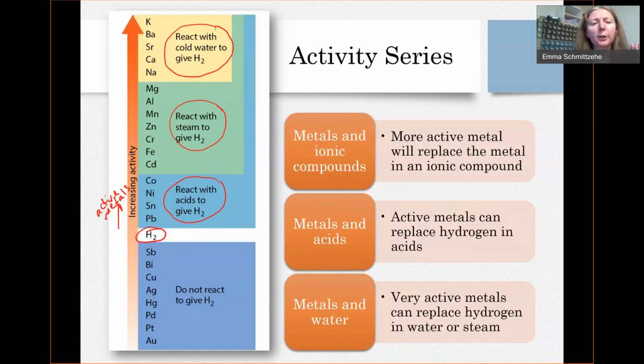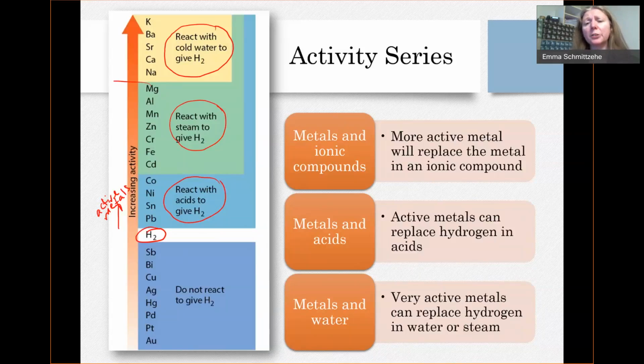Whereas the stuff at the very top of the list, above the magnesium there, those are very active metals. So even just putting them in cold water, they're going to react. Whereas the things in green, they've got to be in extremely hot water to the point where it's steam.